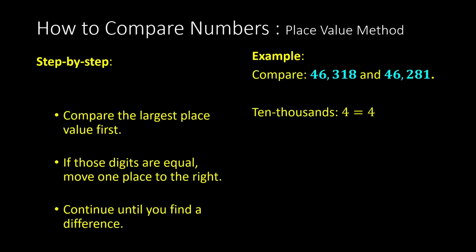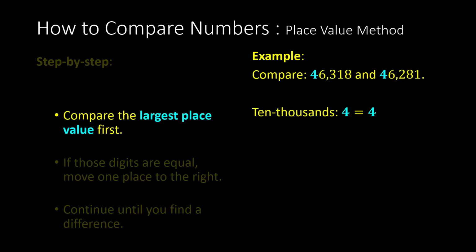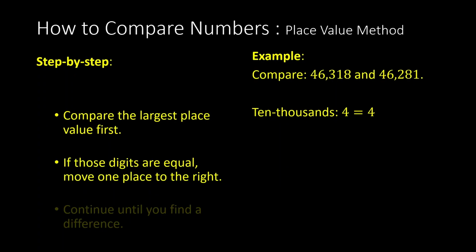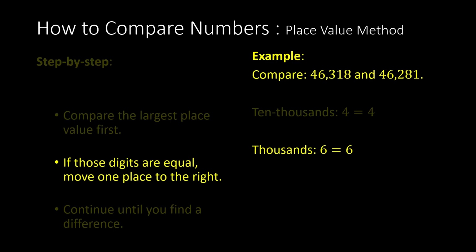Let's look at the 10,000s first. The digit here for both numbers is the same, 4. So 4, of course, equals 4. Now, since those digits are equal, we move one place to the right and look at the thousands. Here again, the digits are the same.